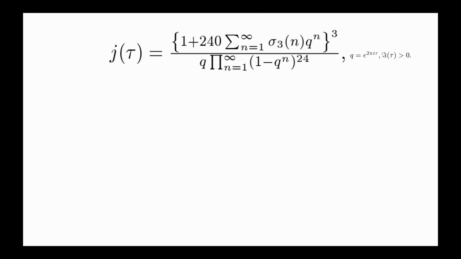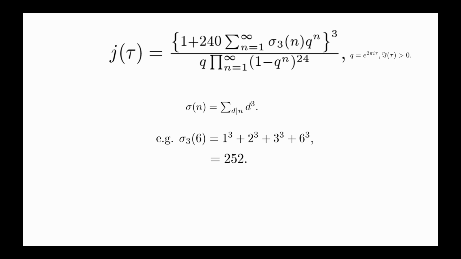So, just for notation, sigma 3 of n is the sum of the cubes of the divisors of n, and for example, sigma 3 of 6 is equal to 252 because 1, 2, 3, and 6 are exactly the divisors of 6.